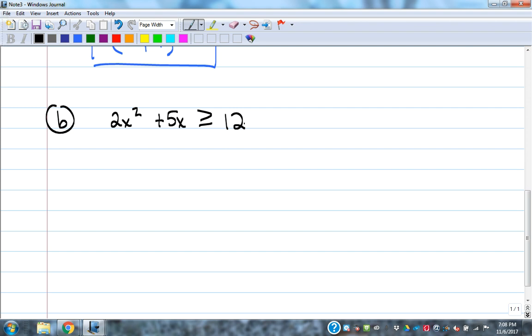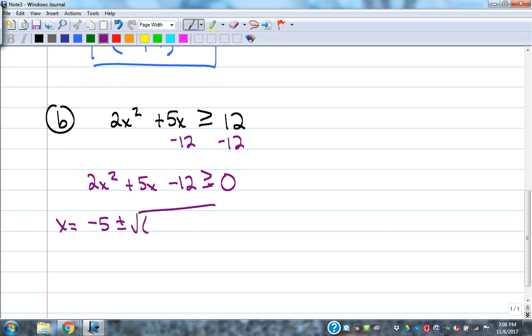So we want to solve this thing just like if it were an equation. I would move the 12 to get it equal to 0. Doesn't matter if you put the inequality symbol there, you can. It doesn't matter. But we're going to solve that. I'm going to use the quadratic formula, and then simplify it to see if I can get my numbers.